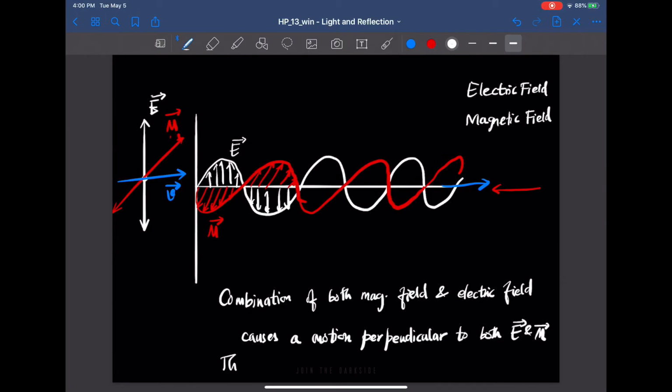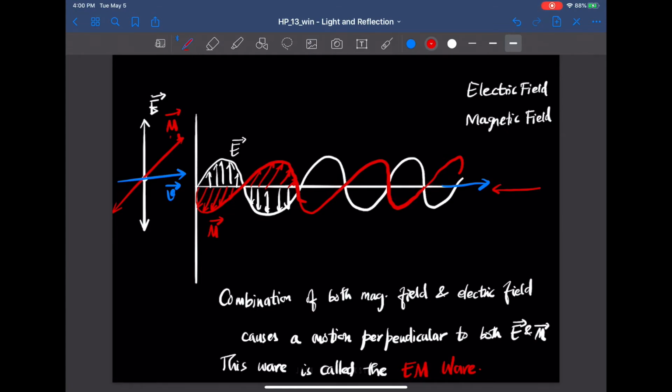So this wave is called the electromagnetic wave.